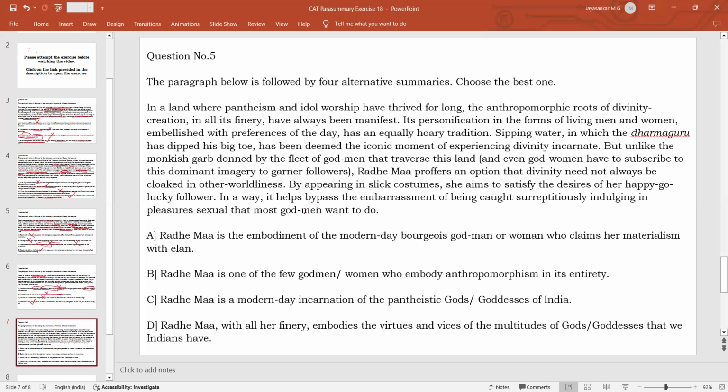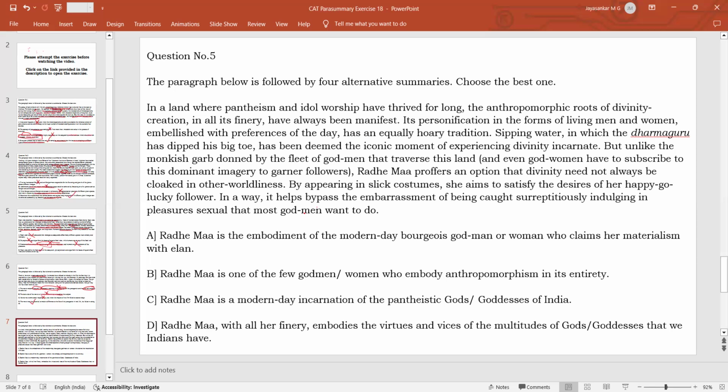Here also, God is not seen as a separate entity. God is seen as a part of a human being. So human beings are depicted as gods, or gods are given the form and shape of human beings. So pantheism and idol worship have existed in this country for a long time.